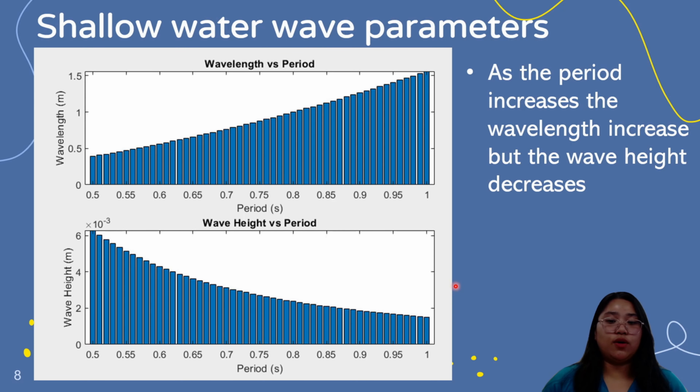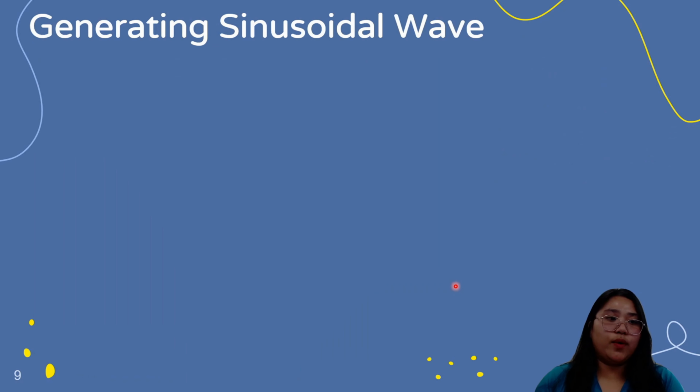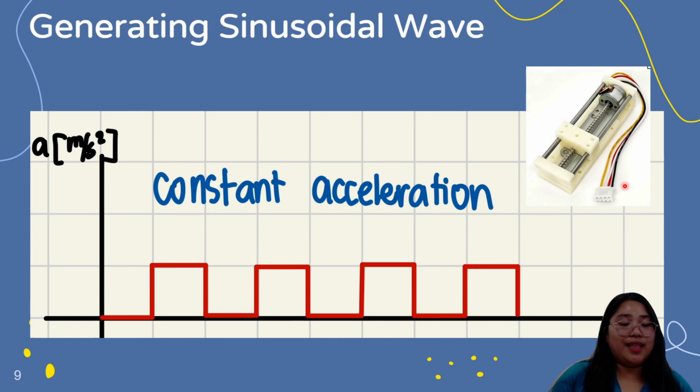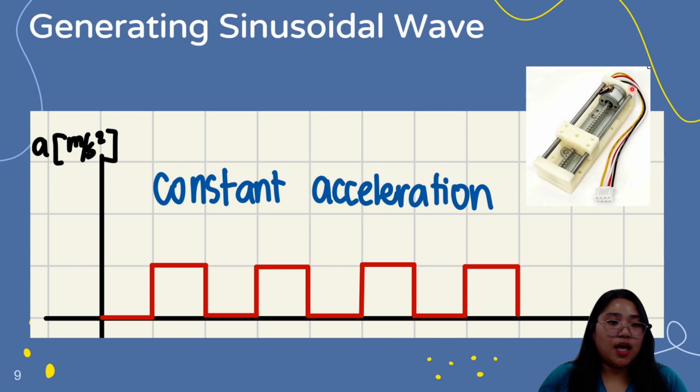So now that we know what type of wave we want to generate, what type of wave generator it associates with, and how we can relate the wave generator to the wave we want to generate, now we have to take into consideration our hardware, which is our linear stage. The linear stage being used in this project is this stepper motor linear stage.